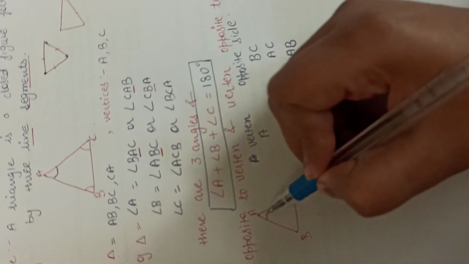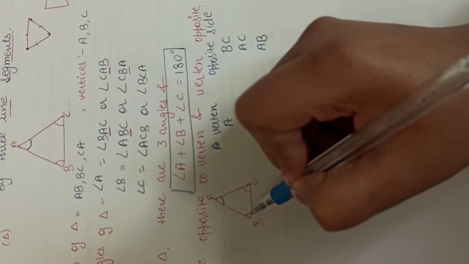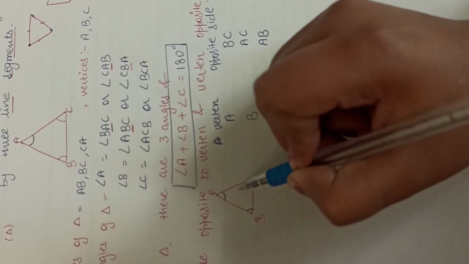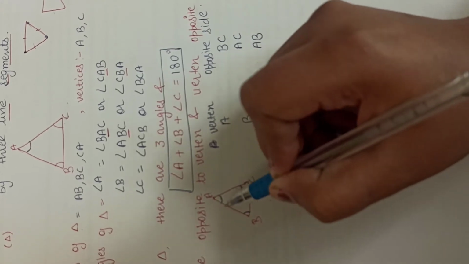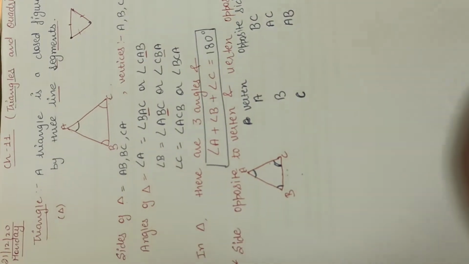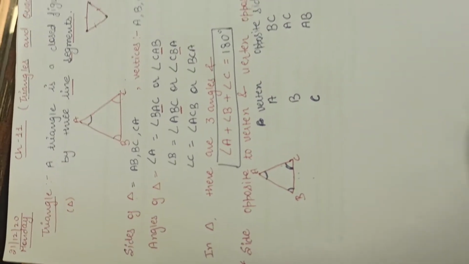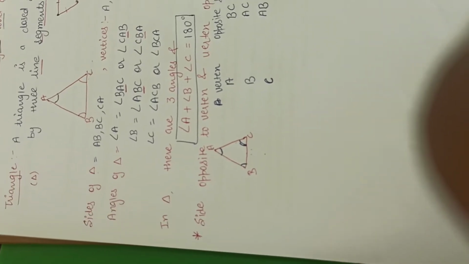If you are taking vertex A, the opposite is BC. If you are taking vertex B, the opposite is AC. And if you are taking C, the opposite of vertex C is AB. Right? This is the way to write side opposite to vertex and vertex opposite to side.